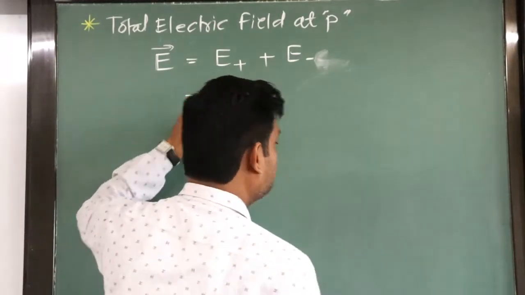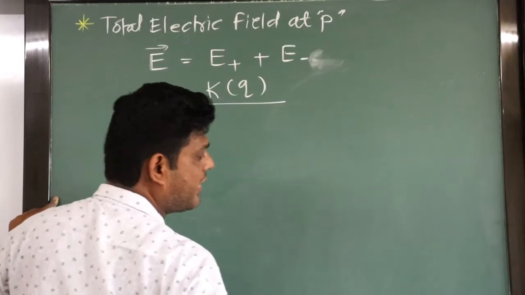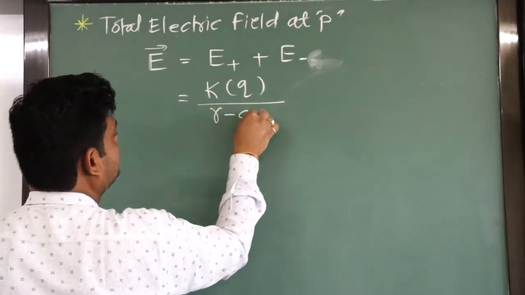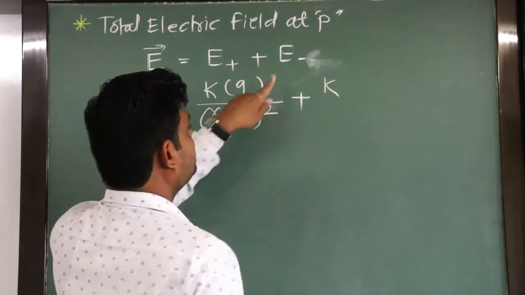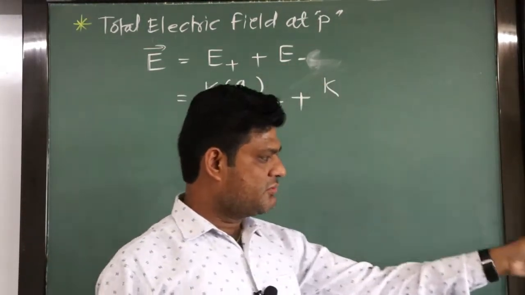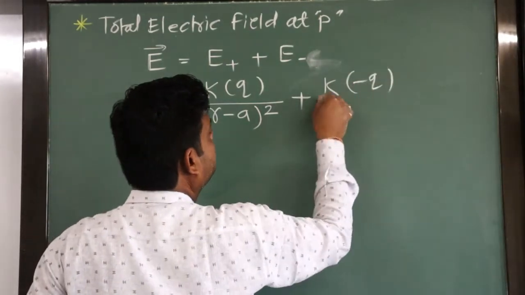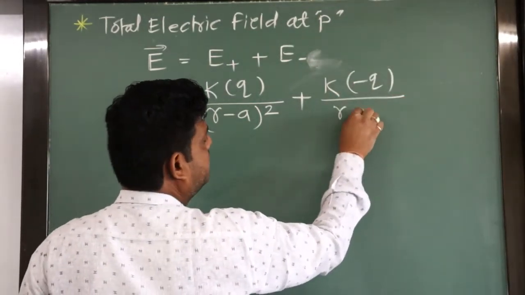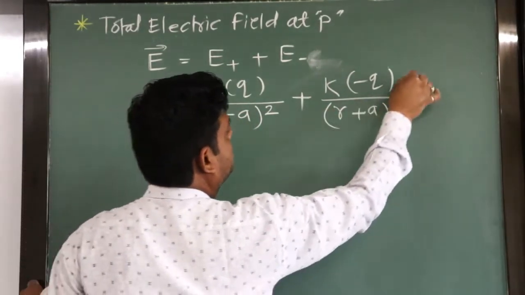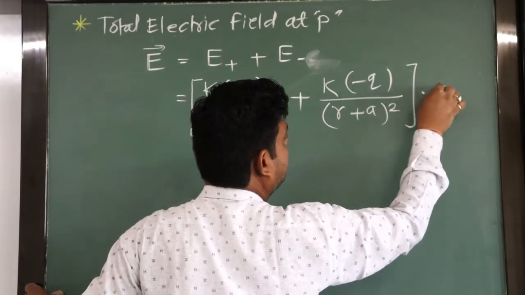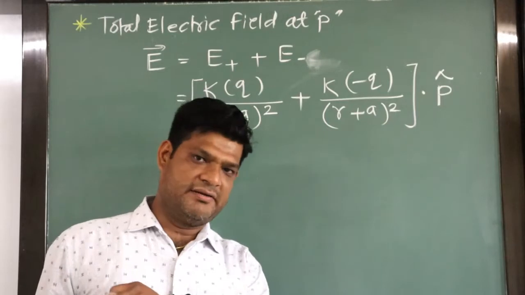E plus equal to k q divided by (r minus a) bracket square, plus, what is E minus? We have already calculated, that is E minus equal to minus k q divided by (r plus a) bracket square, right? Here we will write combinedly p cap. p cap is a unit vector in the direction of electric field.